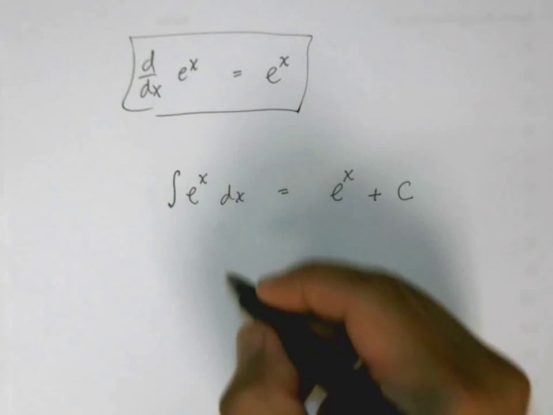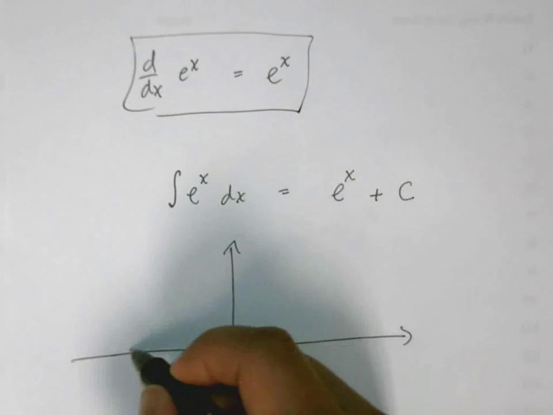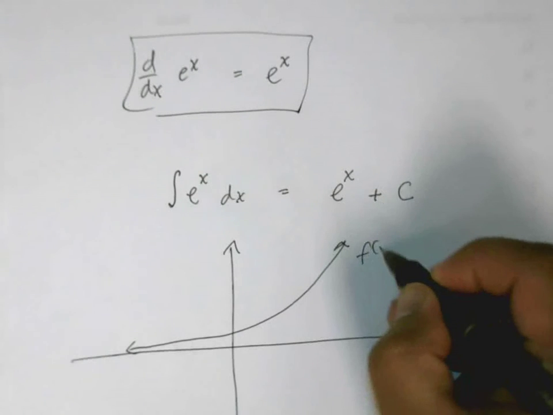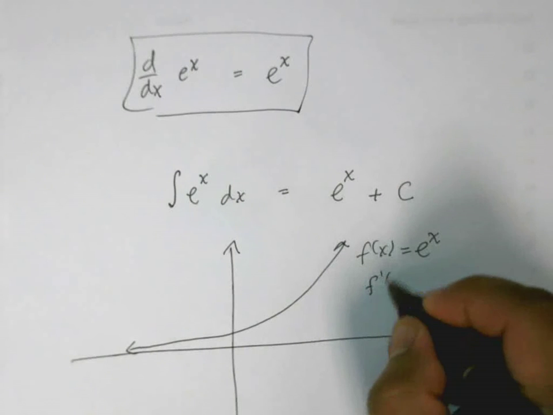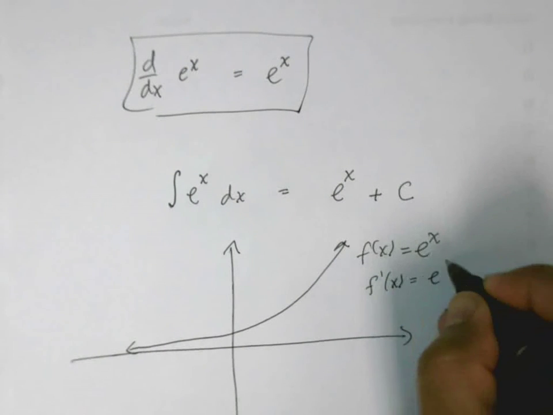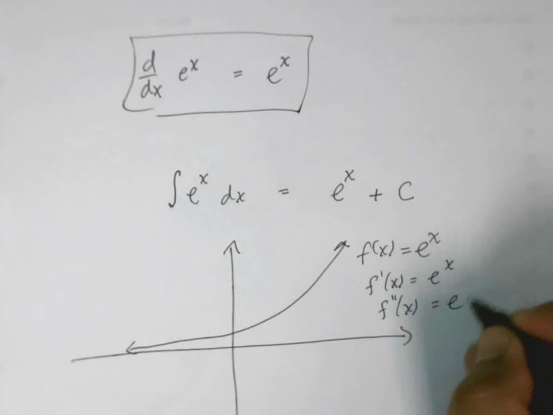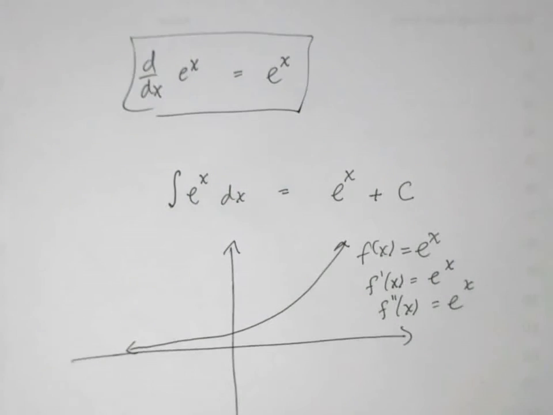If we look at a graphical interpretation of this, it is quite amazing. f of x is equal to e to the x, so f prime of x is equal to e to the x, and f double prime of x is also equal to e to the x, and f triple prime of x is also equal to e to the x.